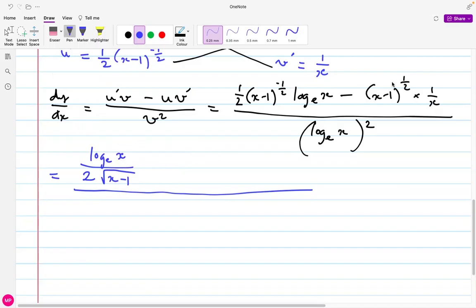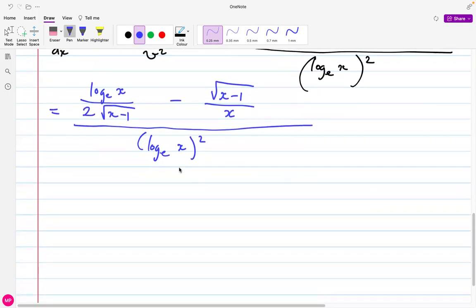Then you do the same thing for this one, minus. So think about x minus 1 to the power of 1/2 is positive, so that stays on the top. I'm going to make that square root of x minus 1 over x, like that, okay? And then over log a of x squared.